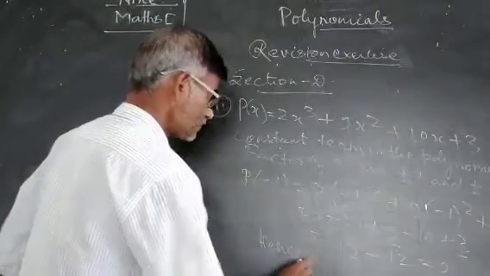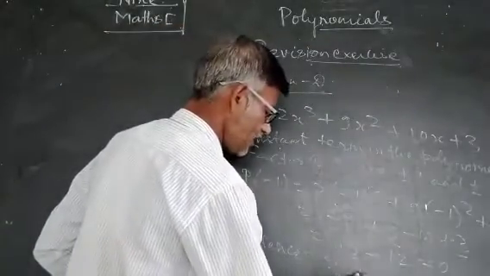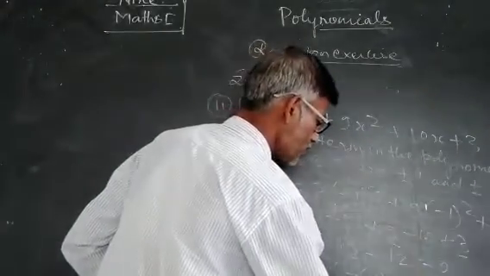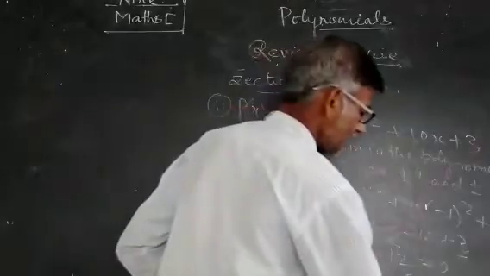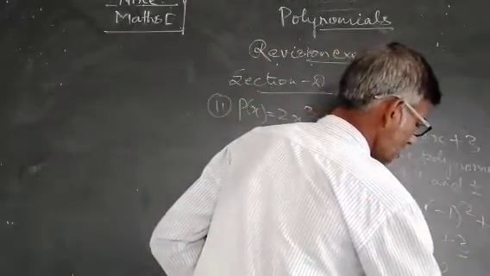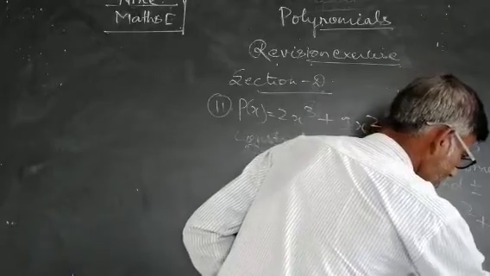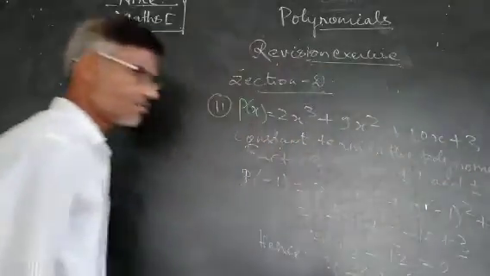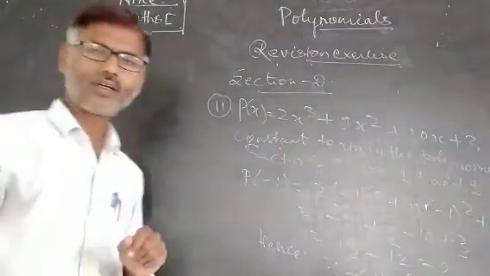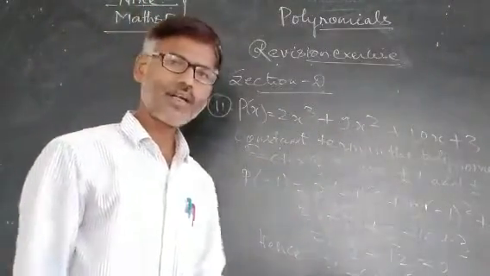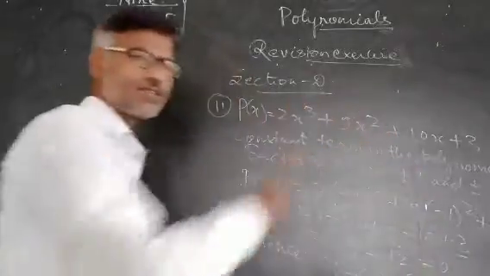Hence x minus (minus 1), which is x plus 1, is a factor of p(x). We obtained a zero, minus 1, for the given polynomial and also got the corresponding factor x plus 1.